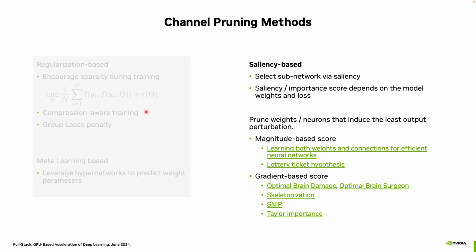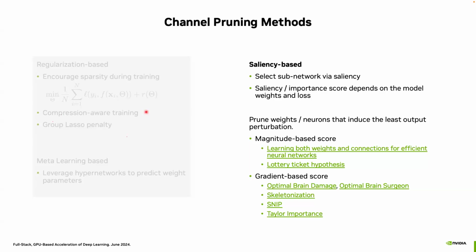So even though you remove those weights, the output of that neuron, or that parameter, will not be impacted too much. And the other commonly used criterion is gradient-based method, where the importance of a parameter is measured directly on how much loss change you could get by deleting that parameter.